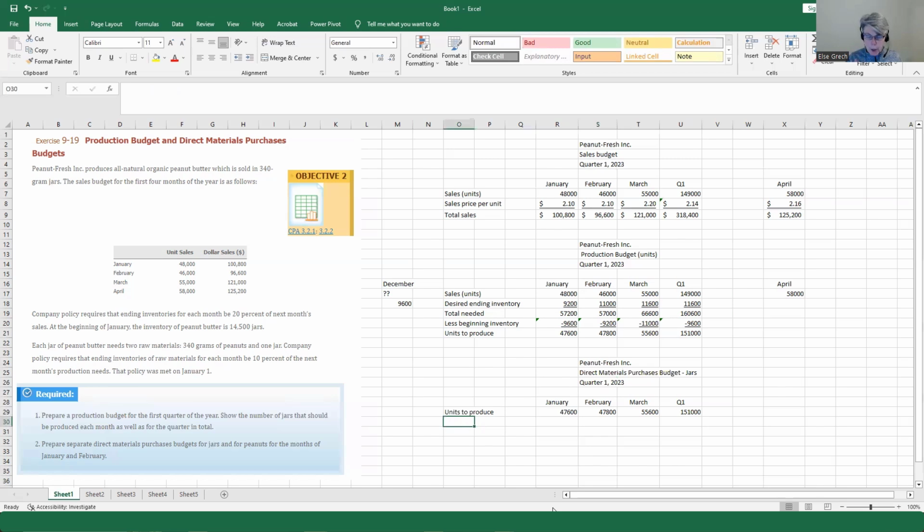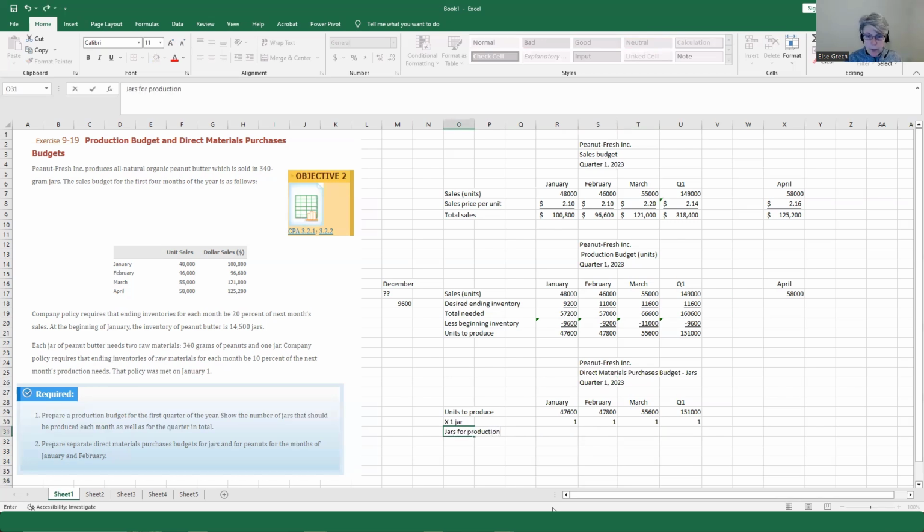So for each unit, each jar of peanut butter that I'm producing, how many jars do I need? And I'm going to multiply it by 1 jar. So every single unit needs 1 jar. It might be silly for me to put the ones in there, but I want to put the ones in there. So now I know the jars for production.